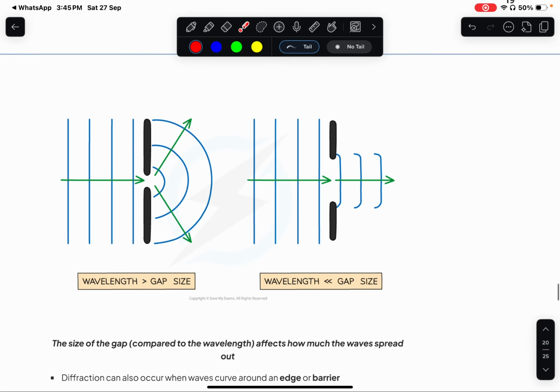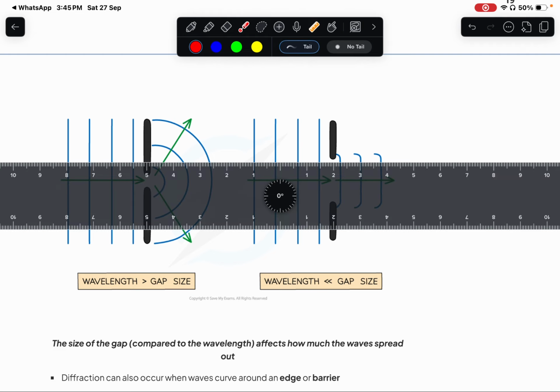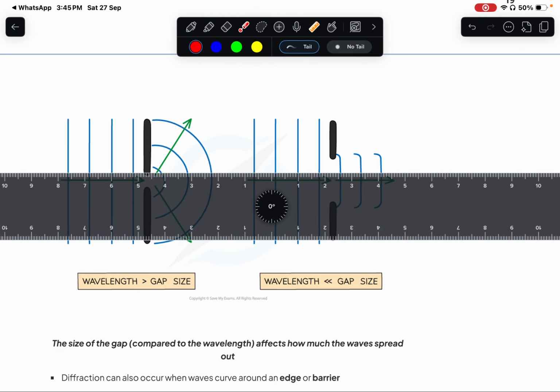You can see over here the wavelength is greater than the gap size. Look, you can see the wavefronts are bending more. There's a prominent diffraction. But look at this one. If we compare the gap size and the wavelength, how much is the wavelength? Let's say 0.8.